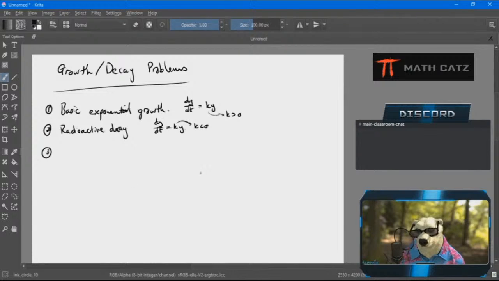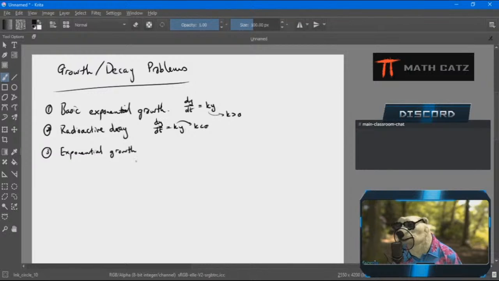Then we said, okay, well, let's look at exponential growth, but understand that there are space limitations involved. That if I put fruit flies in a jar, eventually they're going to run out of space.